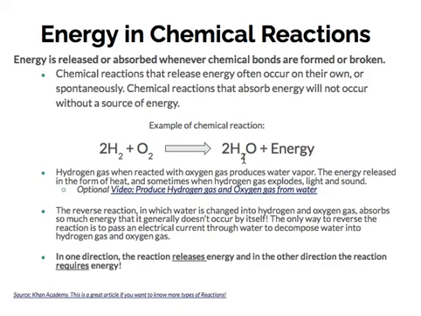The only way to reverse the reaction is to pass an electrical current through water to decompose the water into both gases. So our forward reaction for this specific example releases energy, while for the reverse reaction you have to have an input of energy in order to decompose water back into its original two reactants.